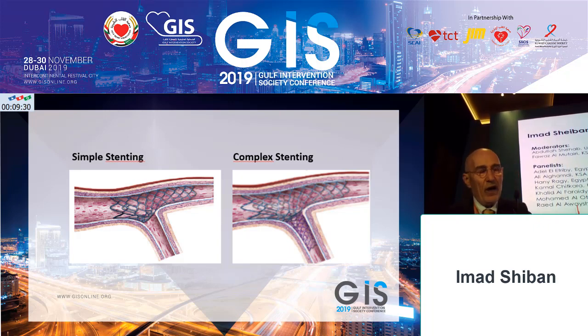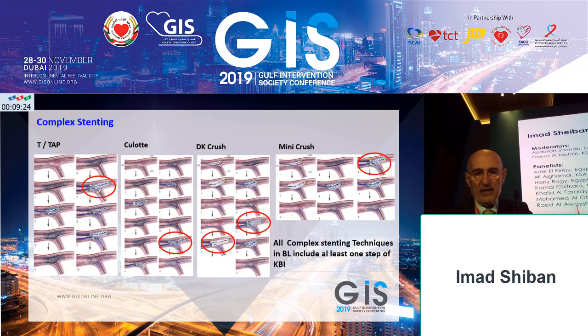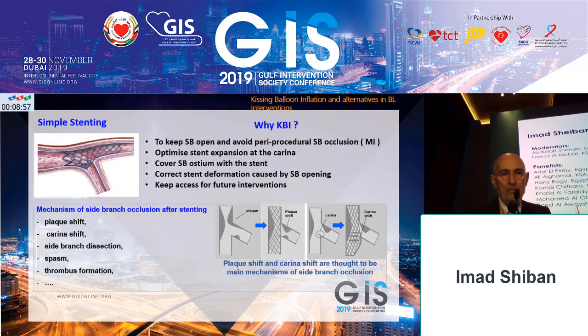What we are speaking about, that means in bifurcation, a kissing balloon is not regarding complex stenting because, as you see, all strategies include a step with kissing balloon inflation if we are dealing with complex stenting. So no discussion. If you are doing two-stent technique and complex stenting, then kissing balloon inflation is mandatory and should be done.